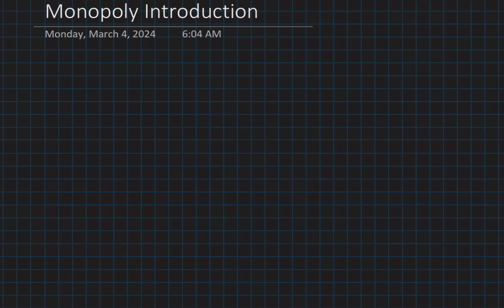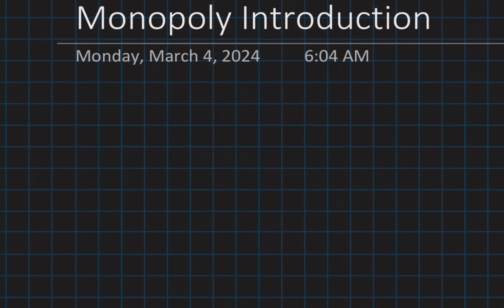So what does a monopoly graph look like? Well, it's a little bit different than a perfectly competitive firm market, because if you remember, in perfect competition, marginal revenue is equal to price. That is not the case in a monopoly.